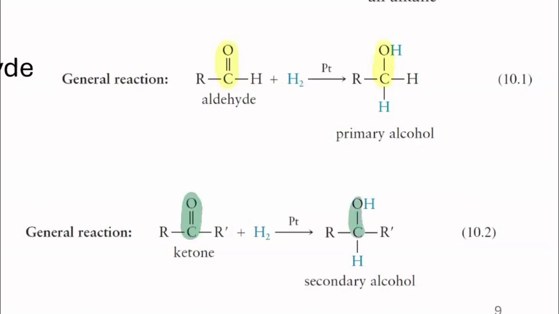Overall in our molecule, one of the two bonds in the double bond is broken, the oxygen in the carbonyl receives a hydrogen, and the carbon in the carbonyl receives a hydrogen. So whenever we are hydrogenating a ketone, what we form is a secondary alcohol.